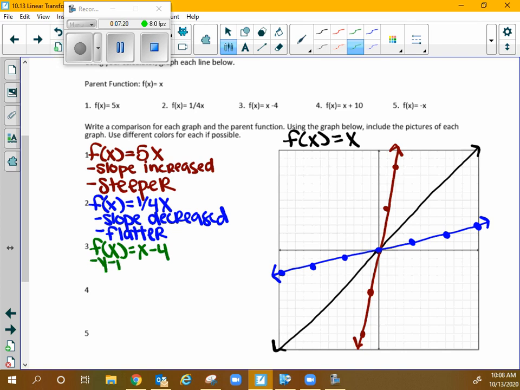What happened to the y-intercept? Well, it started at zero. Where is it now? It went down. It decreased, right? So my y-intercept decreased. My slope didn't change though. So my slope is still 1, but I start 1, 2, 3, 4 units down.